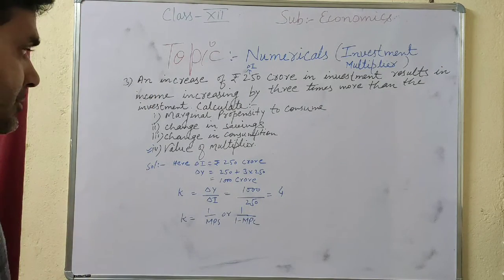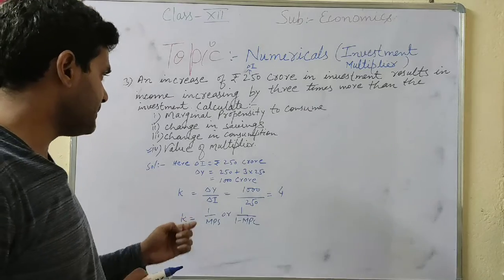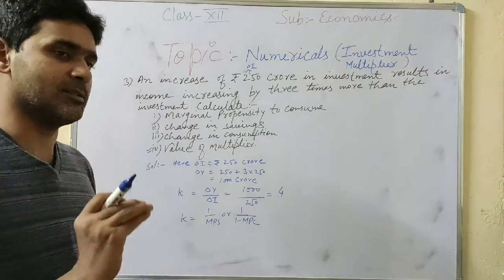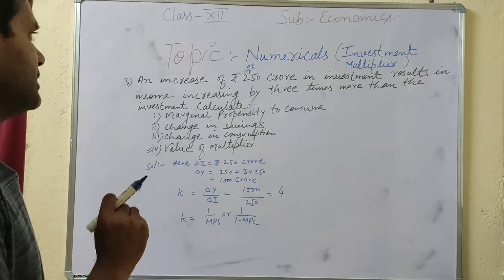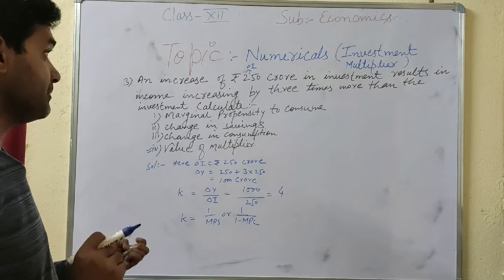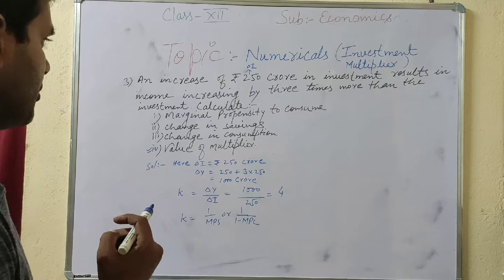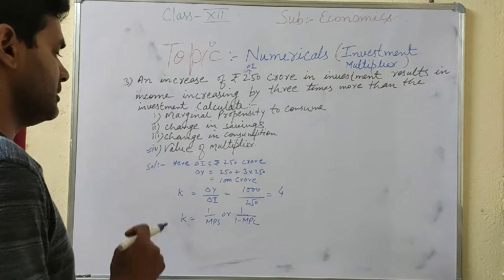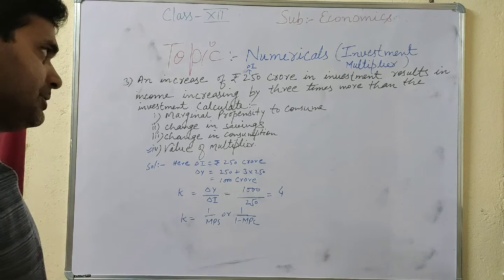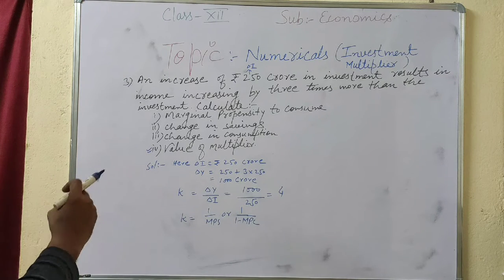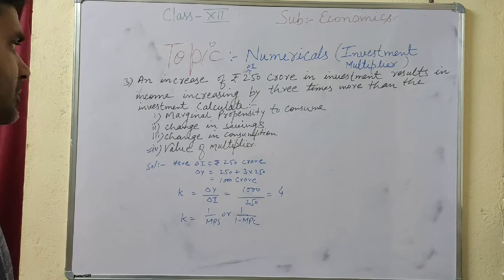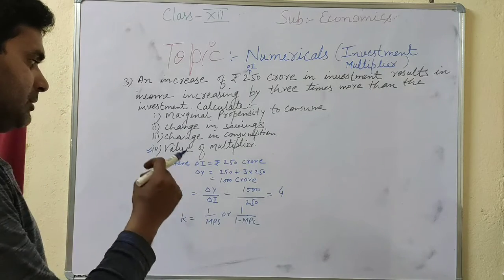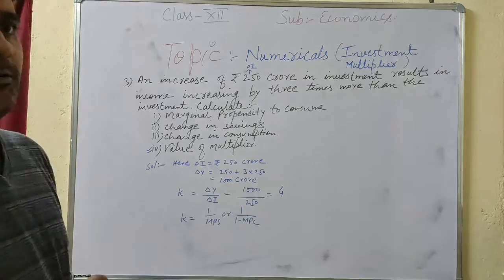Now you know that MPC is the rate of change in consumption per unit change in income. And what is MPS? MPS is the rate of change in savings per unit change in income. So we can also put in the values and calculate the value of MPS or MPC.